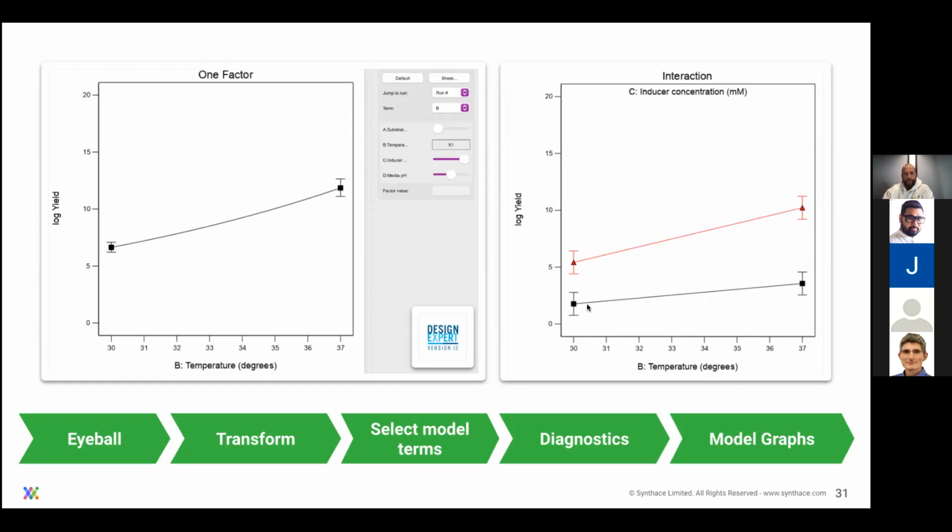Changing the temperature when using a low inducer concentration has little effect on the measured response. However, there is an interaction between the temperature and inducer concentration. As we see for high inducer concentrations, increasing the temperature set point results in a greater protein yield. This is really great insight.